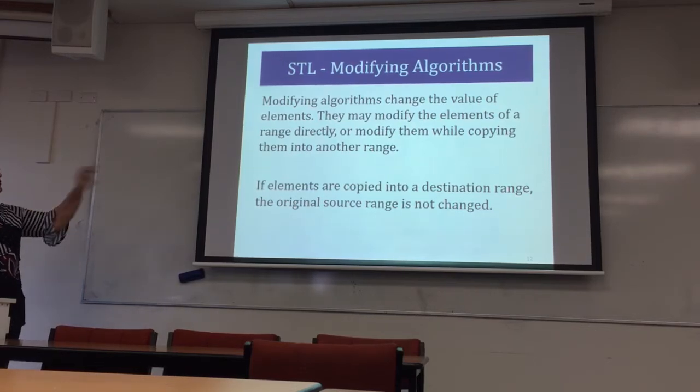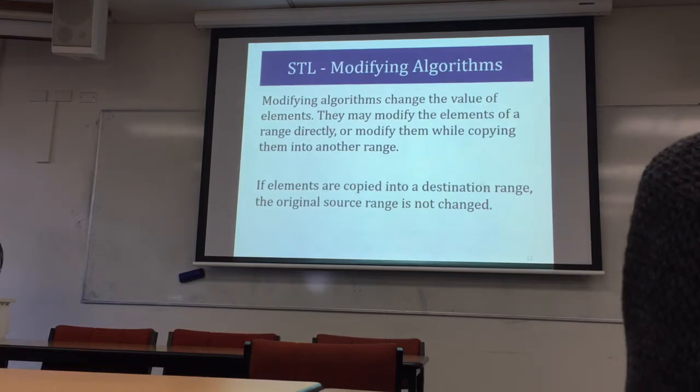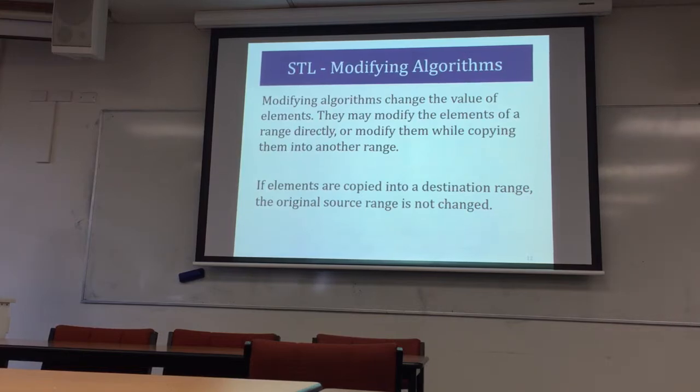The second group is when we modify elements. So there are two ways to modify. One is modify the elements in the container, or change the elements but store them outside in another container and return that container. So the elements are copied into a destination range, but the original source range is not changed.